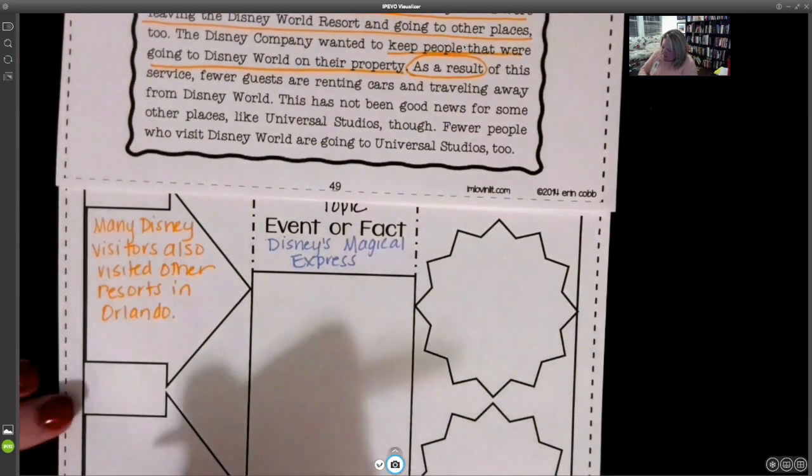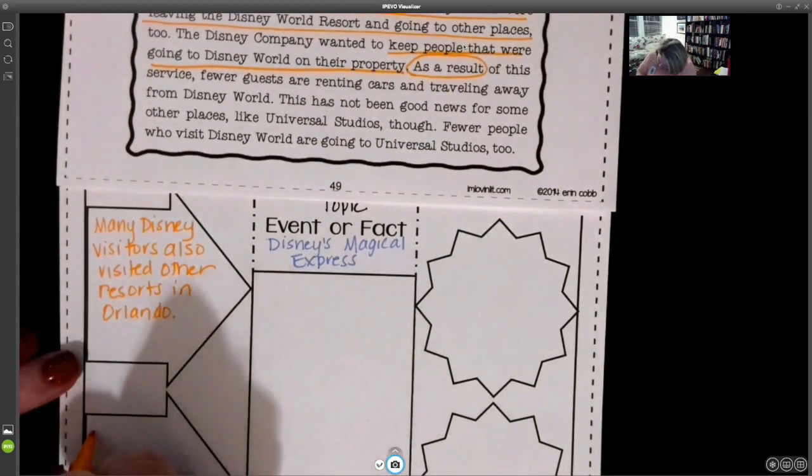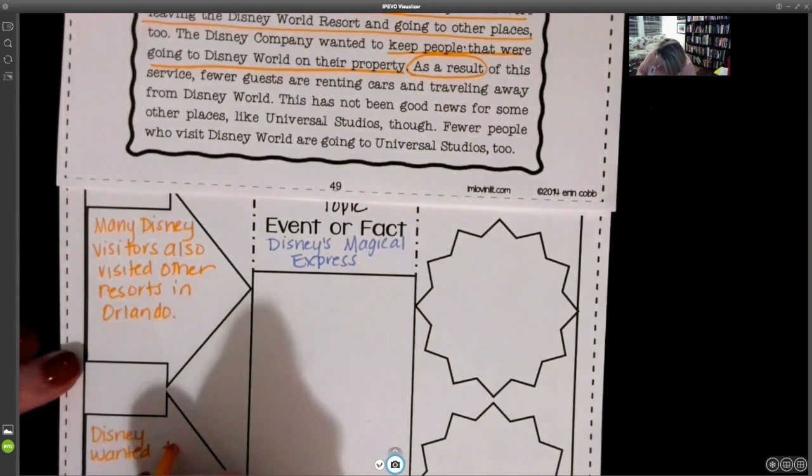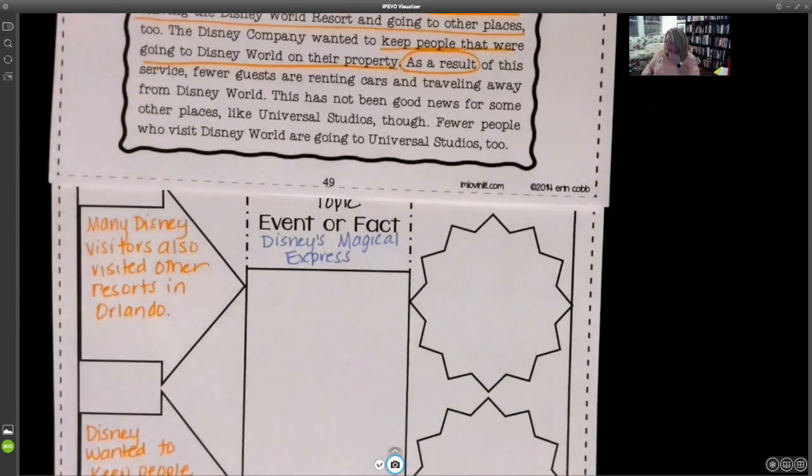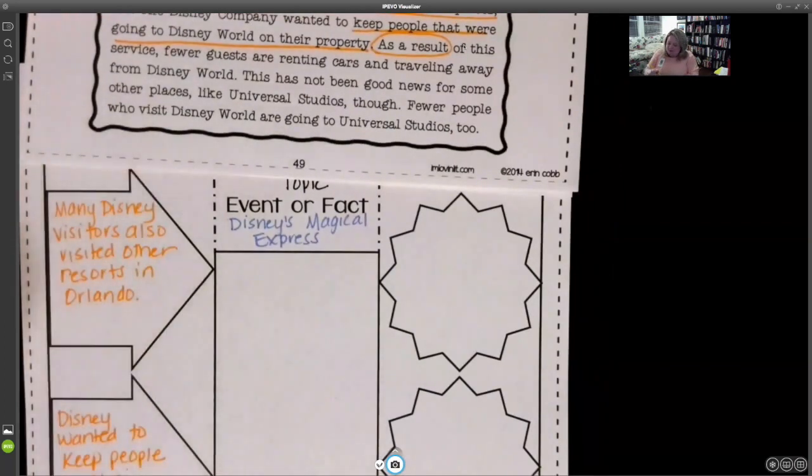So that's going to be my other cause. Disney wanted to keep people on their property. All right, so we have our 2 causes.